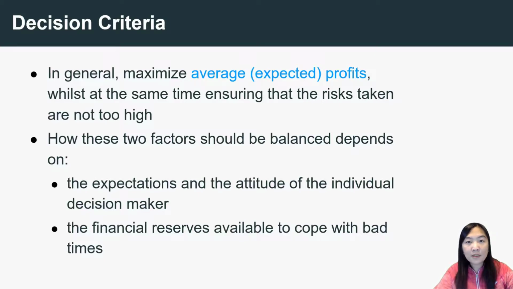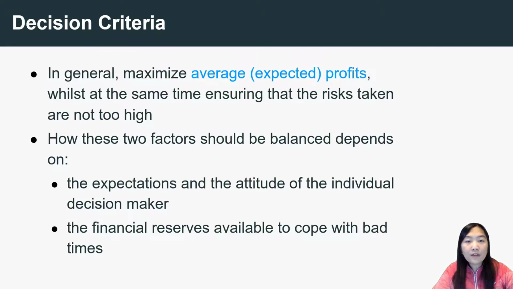So one farmer might prefer to grow canola, and the other farmer who is more risk averse might prefer to grow wheat. And it also depends on the financial reserves available to cope with bad times. So if the farmer has a lot of cash at hand, then maybe the farmer will be able to cope with risk better, and that farmer might prefer canola.